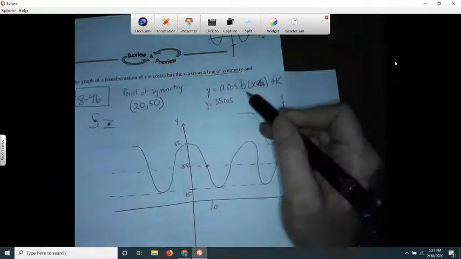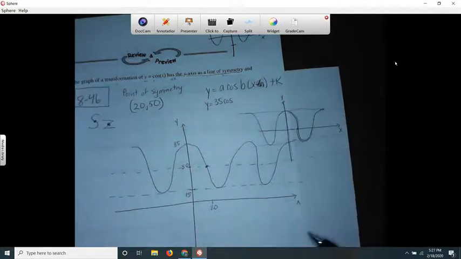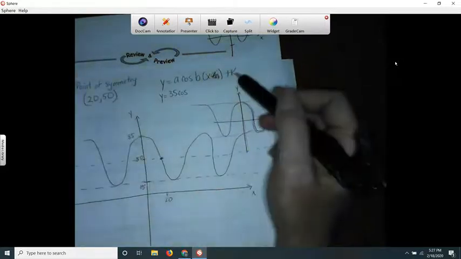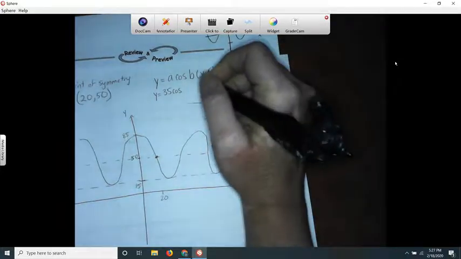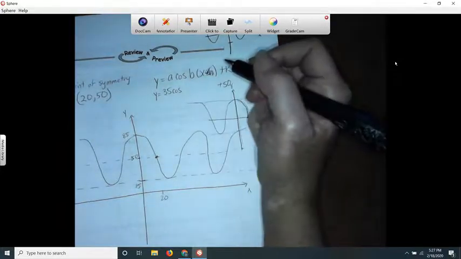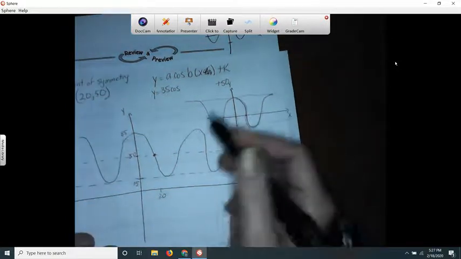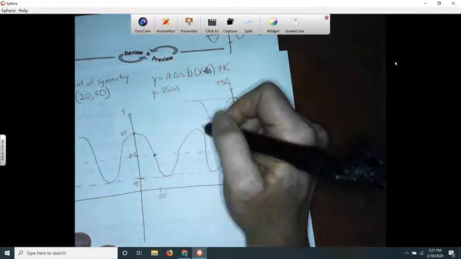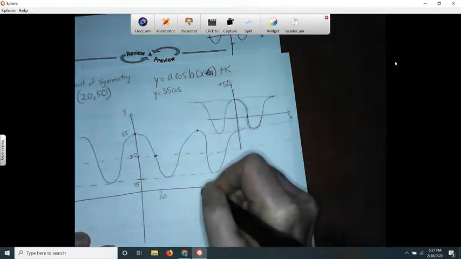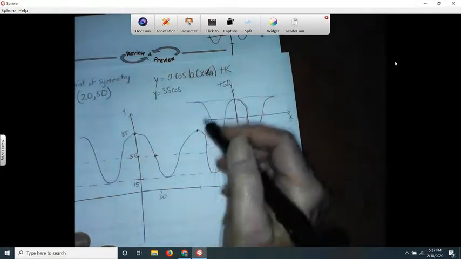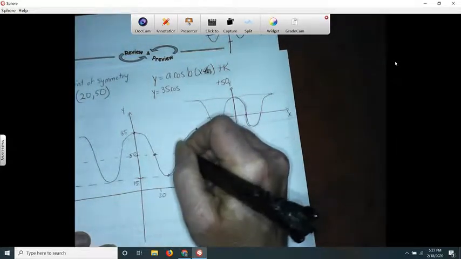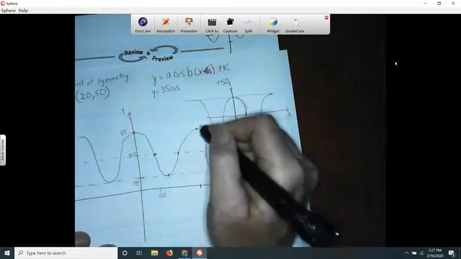We don't know what B is yet. Let's figure out B. Oh, we know what K is. It's 50. Let's put that in there before I forget. Okay, so we're just trying to find B. We know that if the graph starts here, then it's going to end here. We really want to know what that number is. When I graph these kinds of functions, I make these five-point graphs, 1, 2, 3, 4, 5, and they always split my graph into four sections, 1, 2, 3, 4.